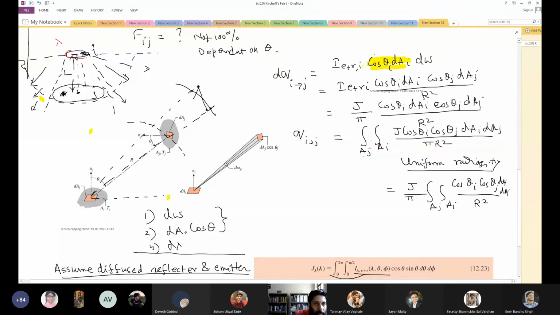This geometric quantity doesn't depend on at which lambda it emits and at which lambda it sees, because the fraction of radiation that will leave this surface and reach this surface is completely geometrical. That's why, to derive this view factor, we can think of the radiation at a single lambda and remove all lambda dependence. So you can take J as total radiosity.